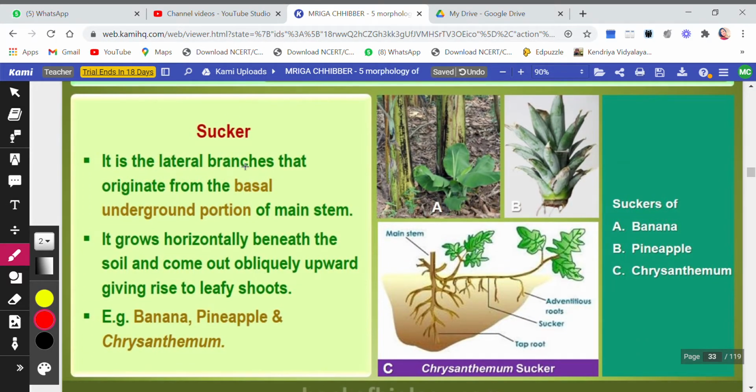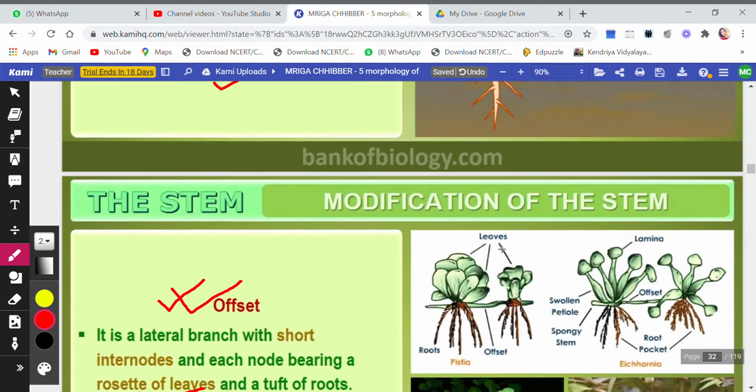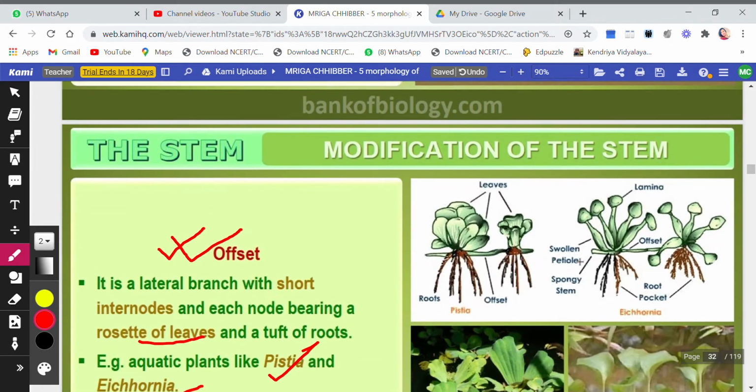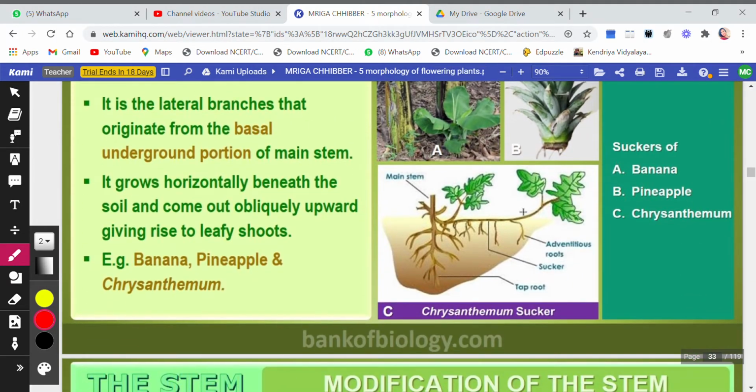Sucker is a lateral branch that originates from the basal underground portion of the stem. It grows horizontally beneath the soil. Now these were above the soil, they were aerial. But here they grow below the soil, and it grows beneath the soil and comes out obliquely upwards.